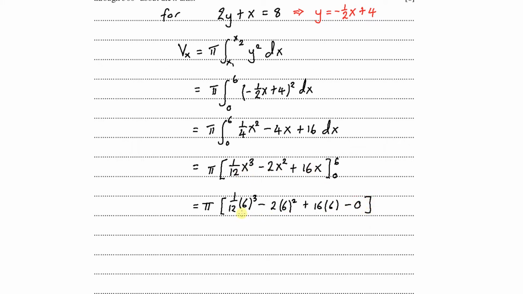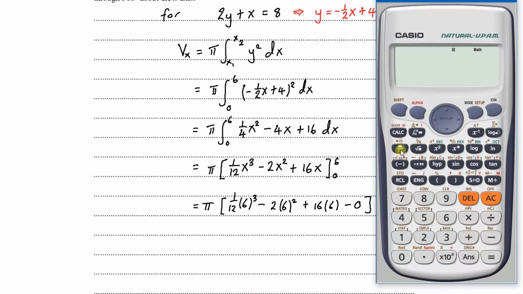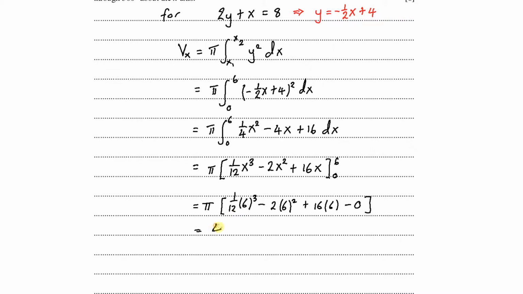So we'll now need to simplify this. I might just need the help of a calculator. Overall we get 42 pi. So that's the volume of revolution when the line is rotated about the x-axis.